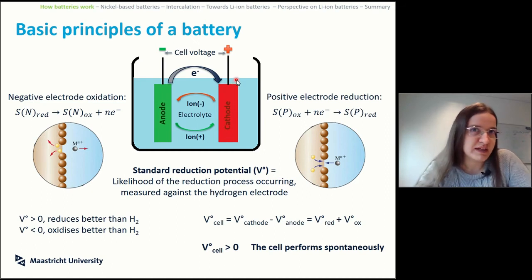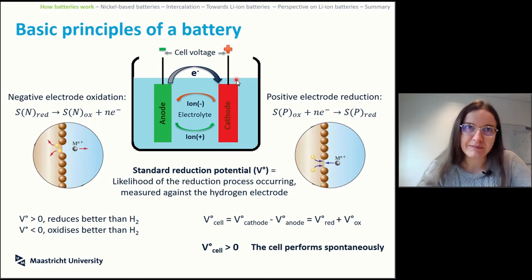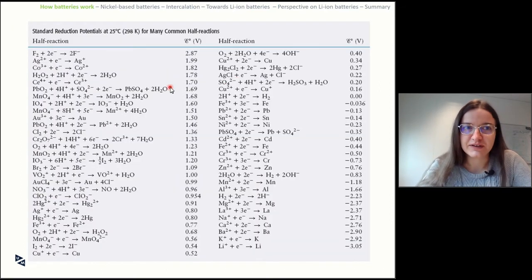Now, as with most things, when we have a standard, we don't want to recalculate every single time. By having a standard, most of the values are actually tabulated. So you will find it in most chemistry books, and this E to the 0, or E0, is a standard reduction potential.